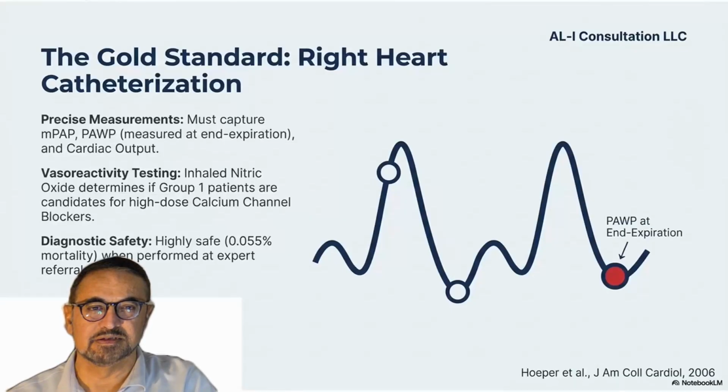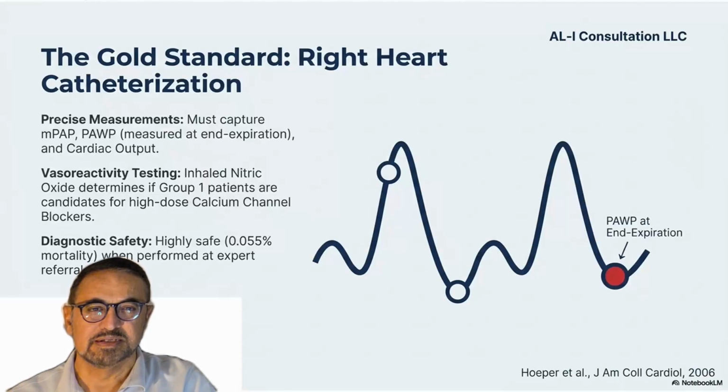Right heart catheterization is the decisive test. You need accurate measurement of mean pulmonary artery pressure, pulmonary artery wedge pressure measured at end expiration, and cardiac output. These values allow you to calculate pulmonary vascular resistance and classify the syndrome correctly. In selected patients with suspected group 1 pulmonary arterial hypertension, vasoreactivity testing identifies a rare subgroup that may respond to high-dose calcium channel blockers.